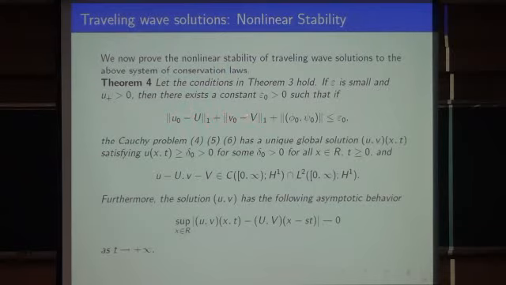So it's a small perturbation. I will talk about this later; this is the antiderivative of the perturbation. Then the Cauchy problem has a global solution, and the difference will be in this class for all t. And as t goes to infinity, the difference between the Cauchy problem solution and the traveling wave solution goes to zero.